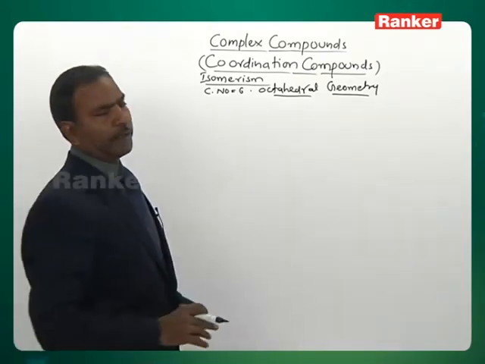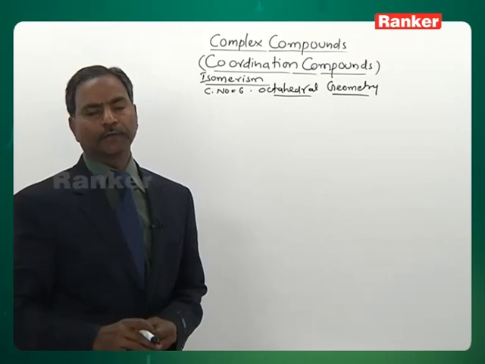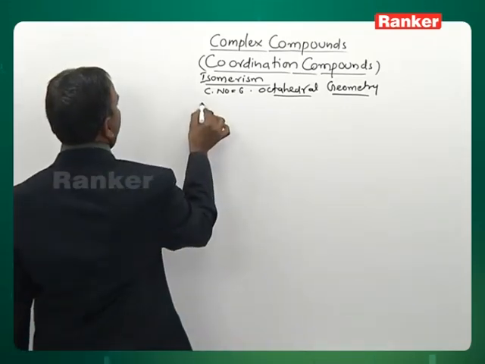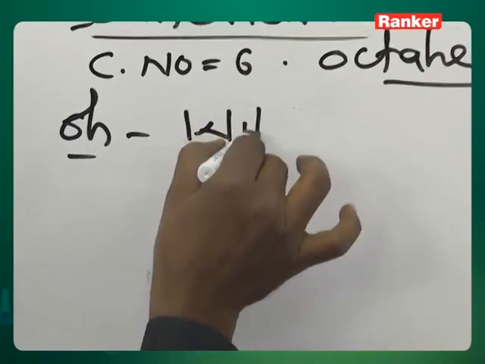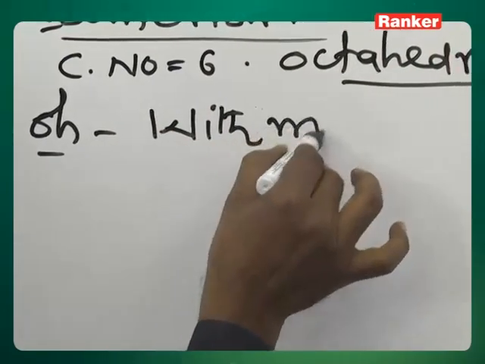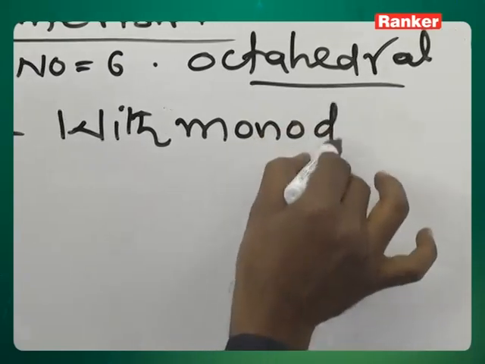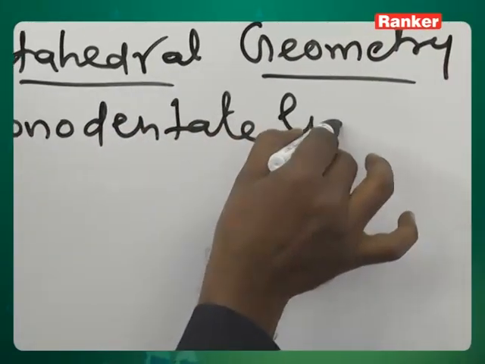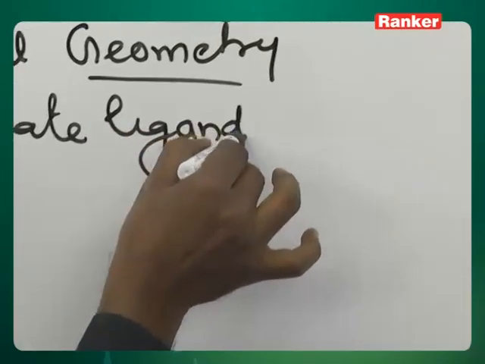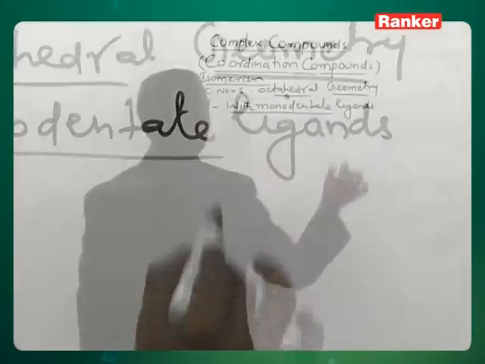First we take octahedral geometry with monodentate ligands. I am writing: octahedral with monodentate ligands.